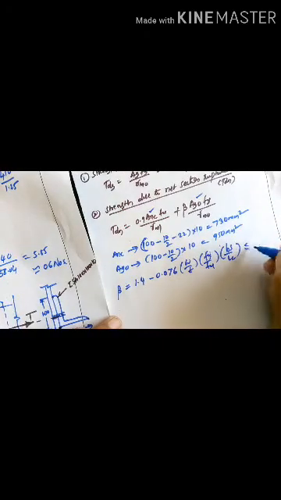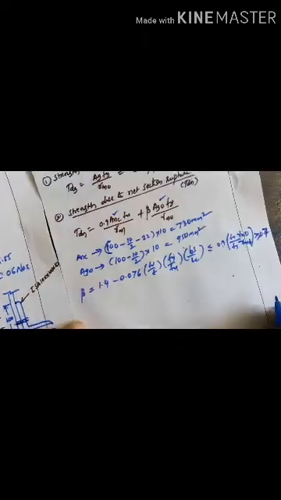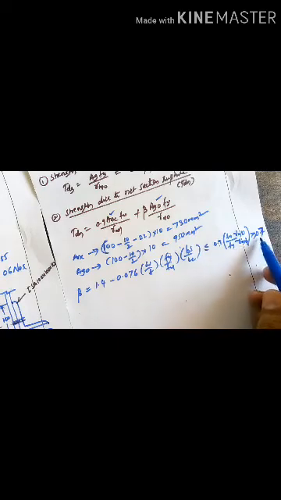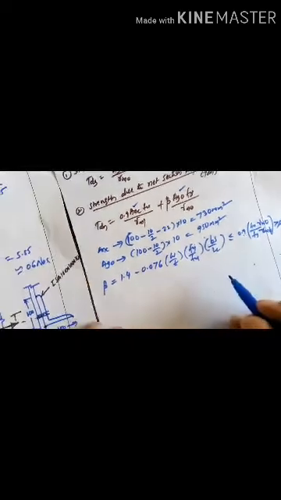This should be less than or equal to 0.9 Fu by Fy gamma mo by gamma m1, and it should be greater than or equal to 0.7. Fu by Fy gamma mo by gamma m1 should be greater than or equal to 0.7.